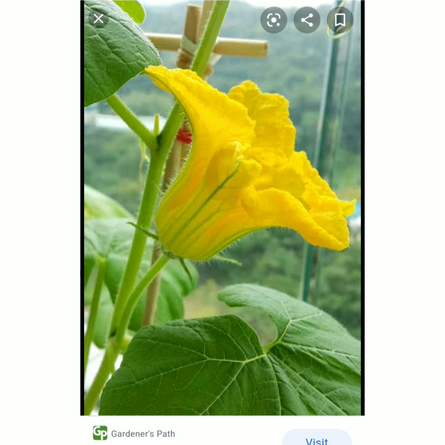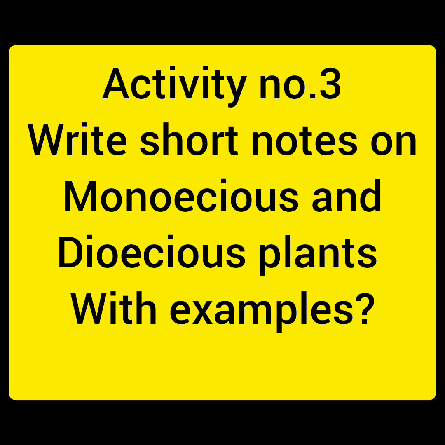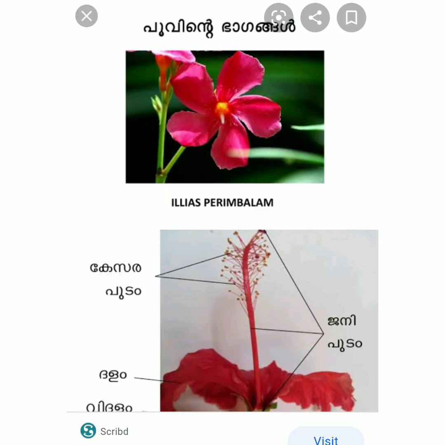So they are called monoecious plants. So here comes our activity number 3. Write a short note on monoecious and dioecious plants with examples.